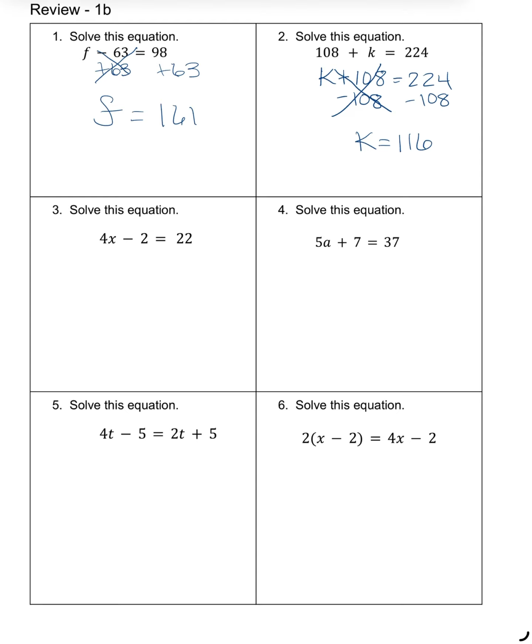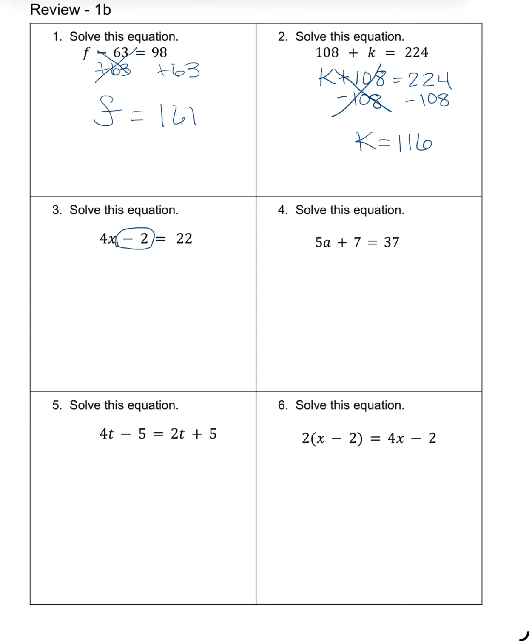Remember, with a two-step equation, we find the letter, but then we find the number that's on the same side of the equation, but is not side by side with the letter. We're looking for that constant, and that's the thing we're going to get rid of first. So in number 3, the constant is a -2.